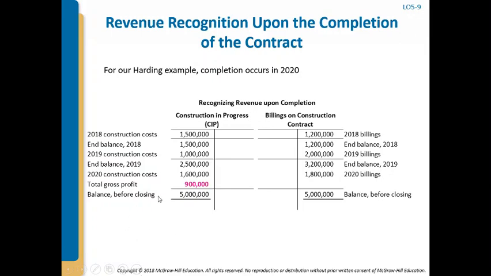Well, either way, it's going to be 5 million, and the difference is in the 4.1 million of costs that are incurred and then billed, which is their gross profit. And then notice it started out to be 1.25 million because the contract was for 5 million and the estimated cost was 3.750 million, but because of increased costs, their gross profit ended up at the end of the contract being 900,000.